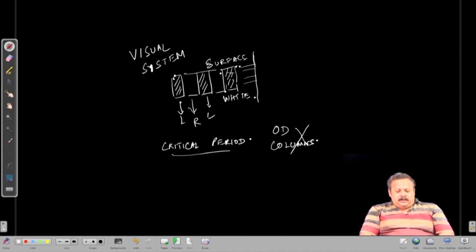So, there are many more examples. I took only a few from the three systems to show you what this kind of plasticity is like.